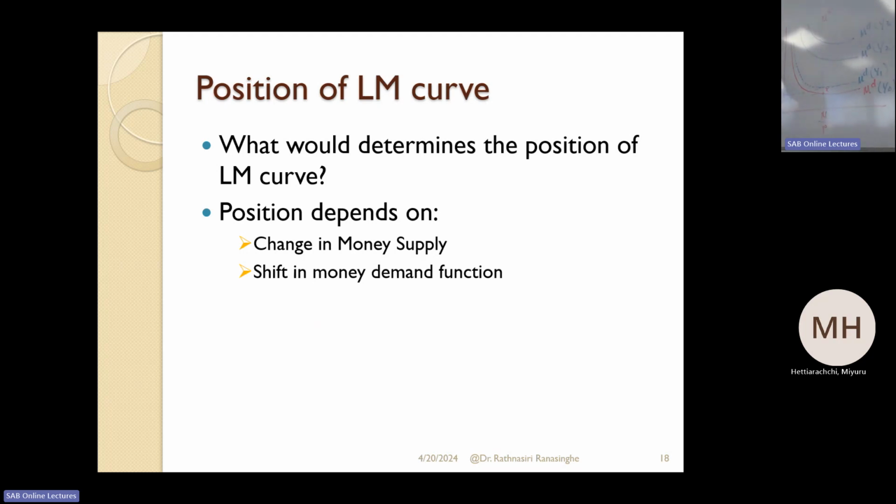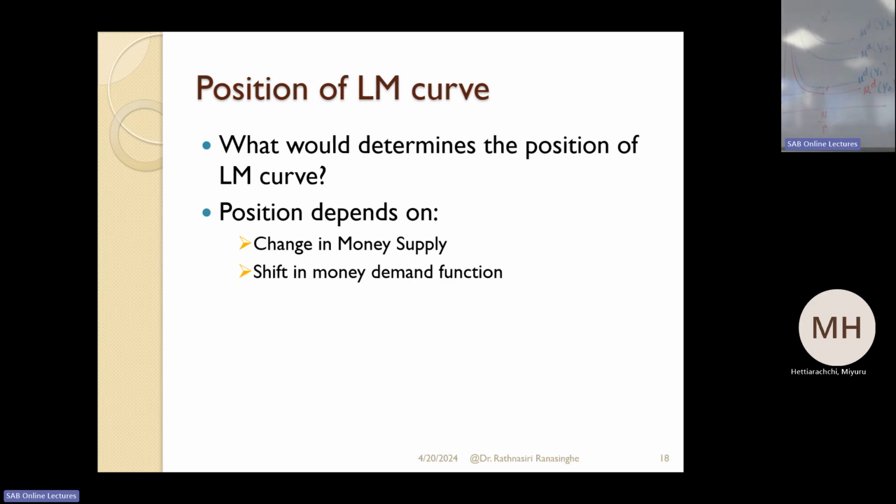Basically we derive the LM curve from this, which explains the relationship between interest rate and income. So we have C naught and the money supply as shifting factors. If there is a change in C naught and the money supply, the LM curve shifts to the left or right.